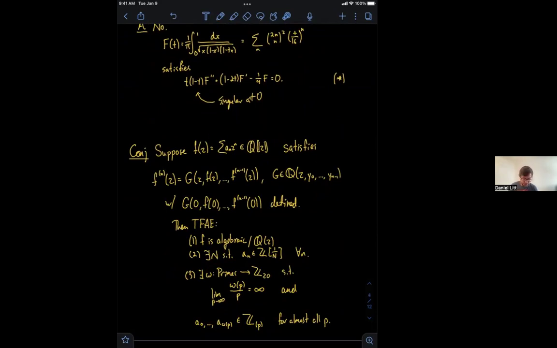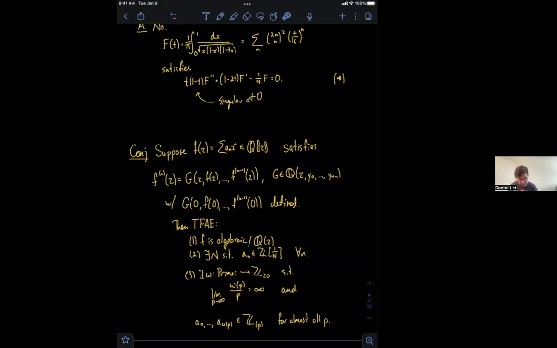Suppose I have a power series f, the sum of a_n z^n with rational coefficients. And suppose it satisfies an algebraic differential equation. The way I'm going to formalize that is that I want g to be a rational function with rational coefficients. And the type of differential equation I'll consider is that the nth derivative of f is what you get when you plug z, f, and the first n minus 1 derivatives of f into g.